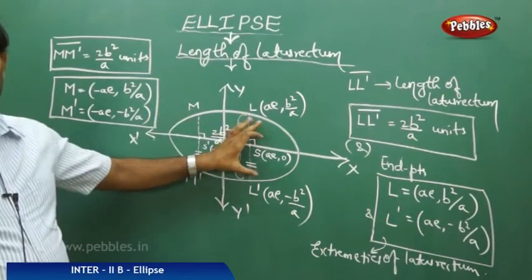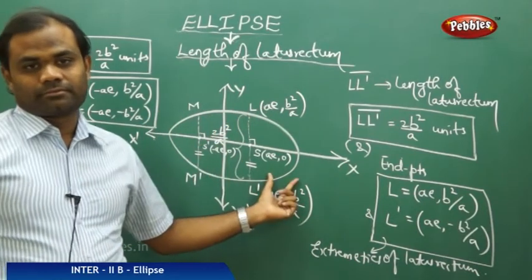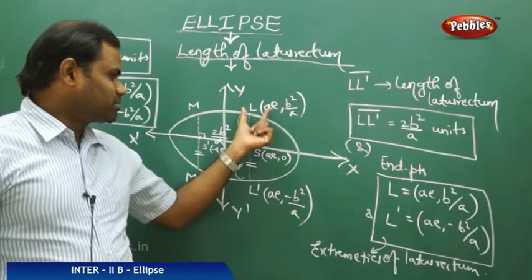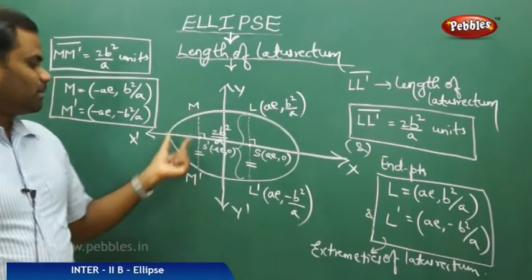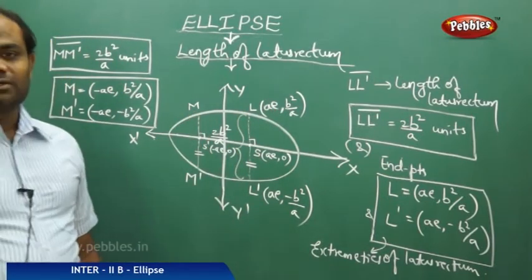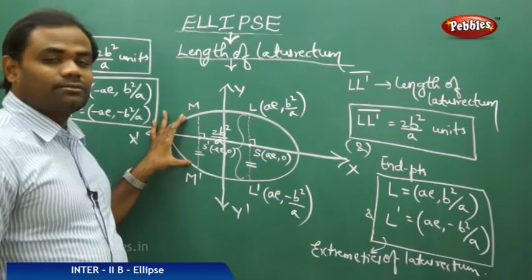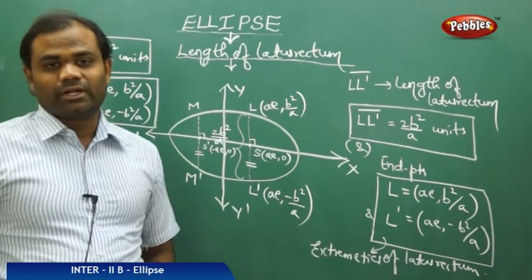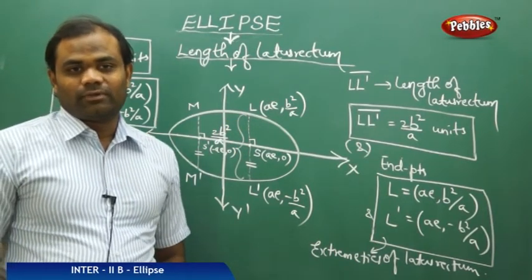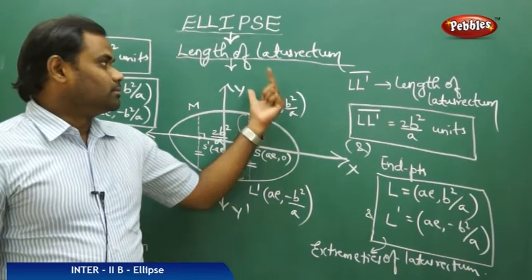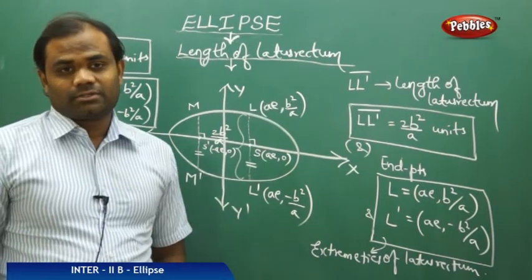Lengths are the same, the endpoints change. So there are four extremities of LL dash and MM dash, and two lengths of the latera recta, this and this, which are equal. That is how we understand the concept of latera recta connected with the lengths and extremities of the ellipse.